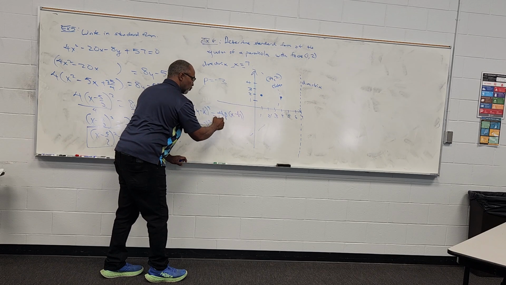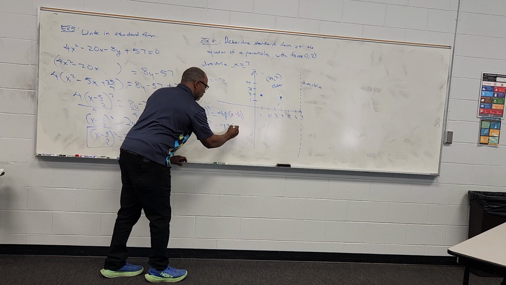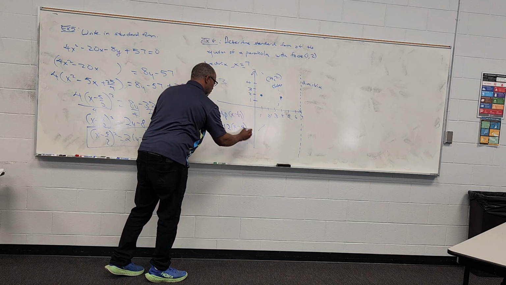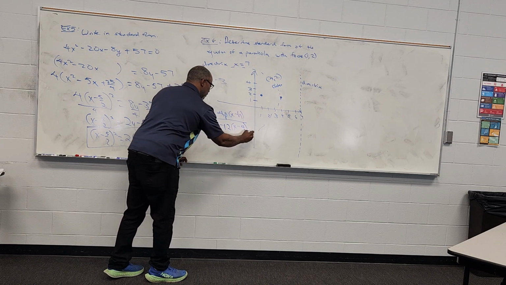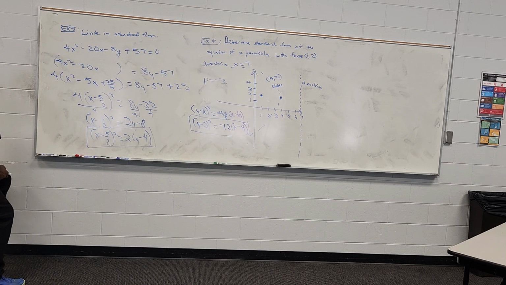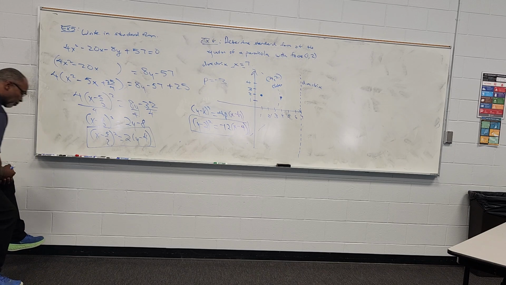P is negative 3, so 4 times negative 3 makes negative 12, x minus h, but again, the center was at 4, 2, so the h is a 4. So that would be the equation of the parabola. Y minus 2 squared equals negative 12, x minus 4.